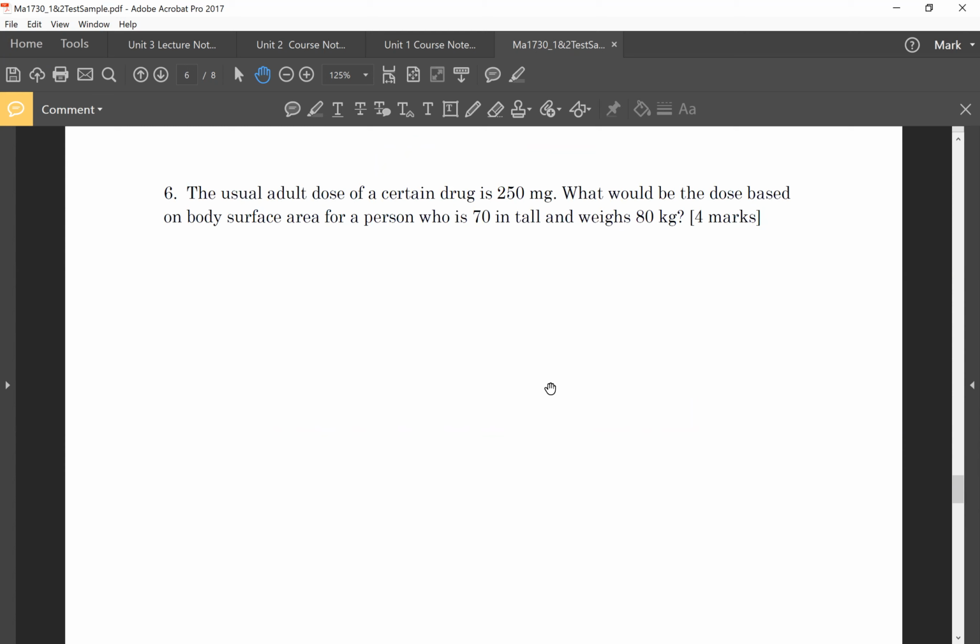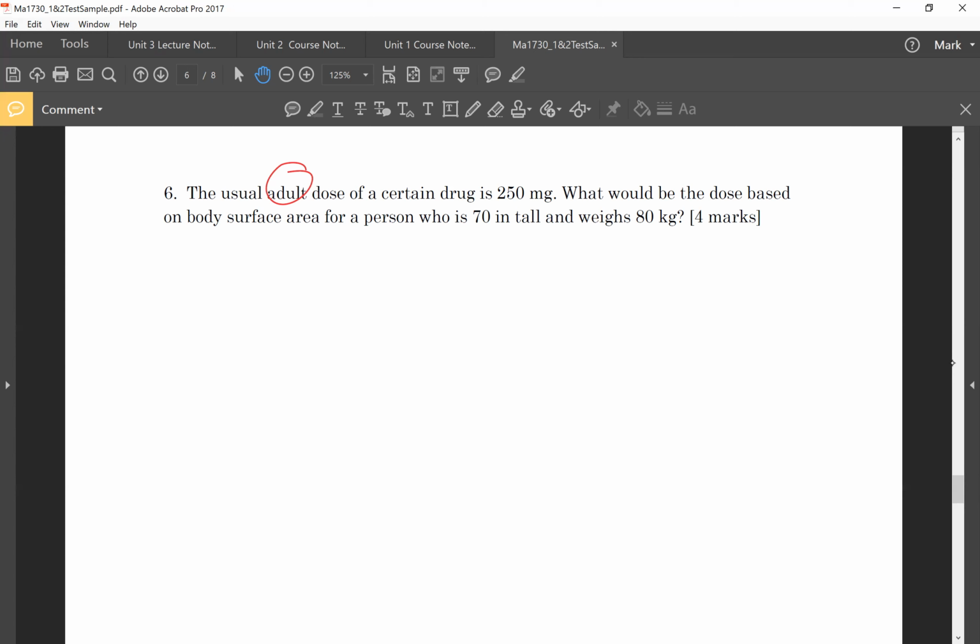Okay. So the usual adult dose, keyword here, adult, of a certain drug is 250 milligrams. What would be the dose based on body surface area for a person who is 70 inches tall and weighs 80 kilograms?